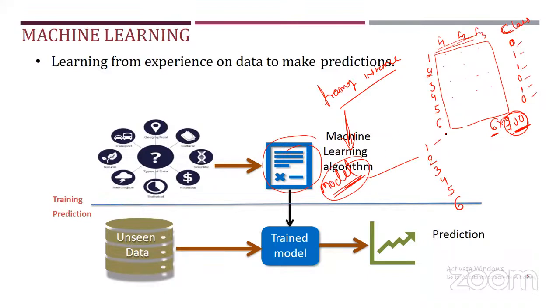It might say, for 1, it is 1, for 2, it is 1, for 3, it is 0, for 4, it is 0, for 5, it is 1, for 6, it is 1. Now, this class is your actual class which you have in your actual instance, in your data set, and this is your predicted class.